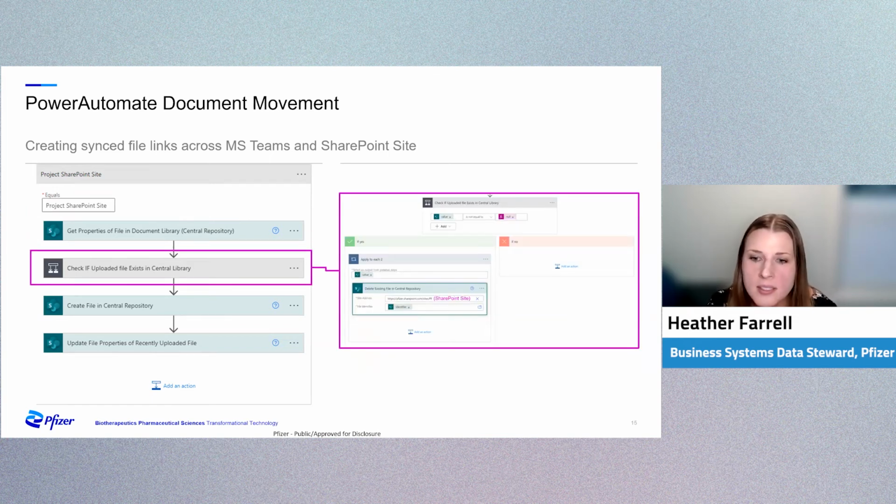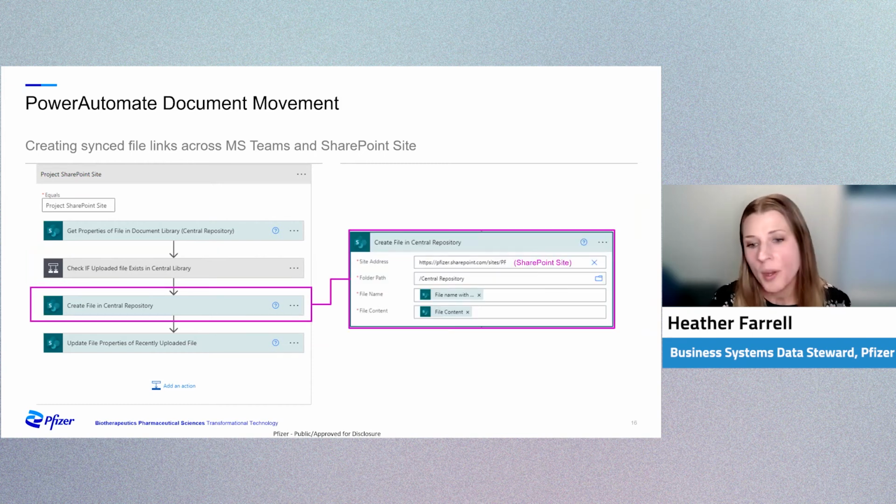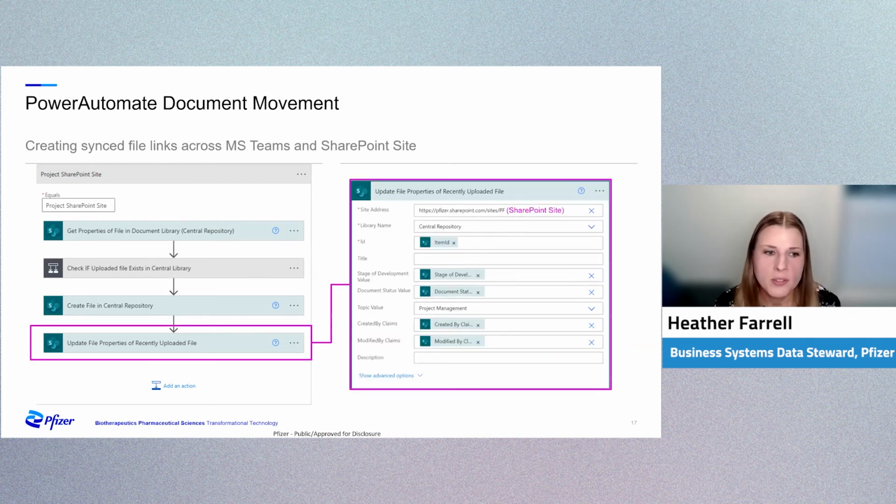And if it does, it will delete that file that exists in the SharePoint site. And then immediately next, it will recreate that file in the SharePoint site with the new content. So again, if it's modified, if it's deleted, it would be updated now in that outward facing SharePoint site. And then also the final step in this is to update the file properties.